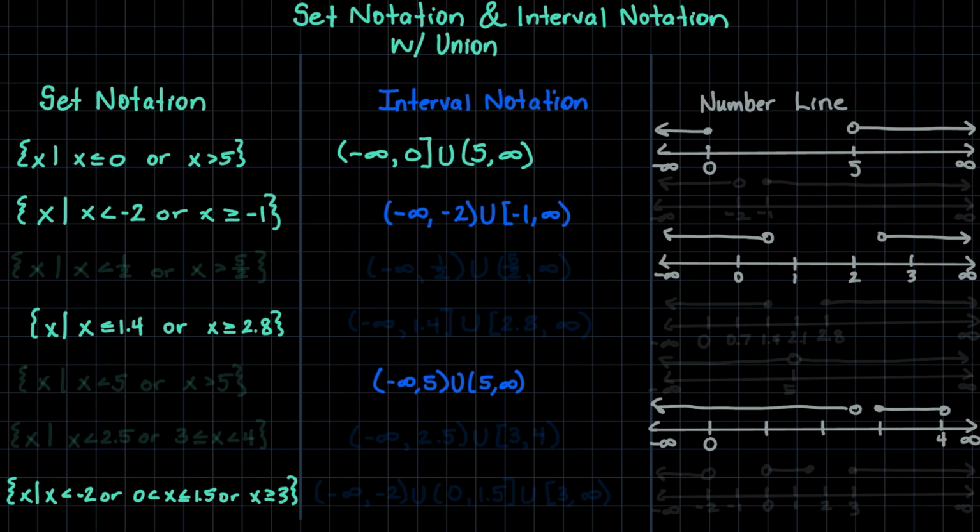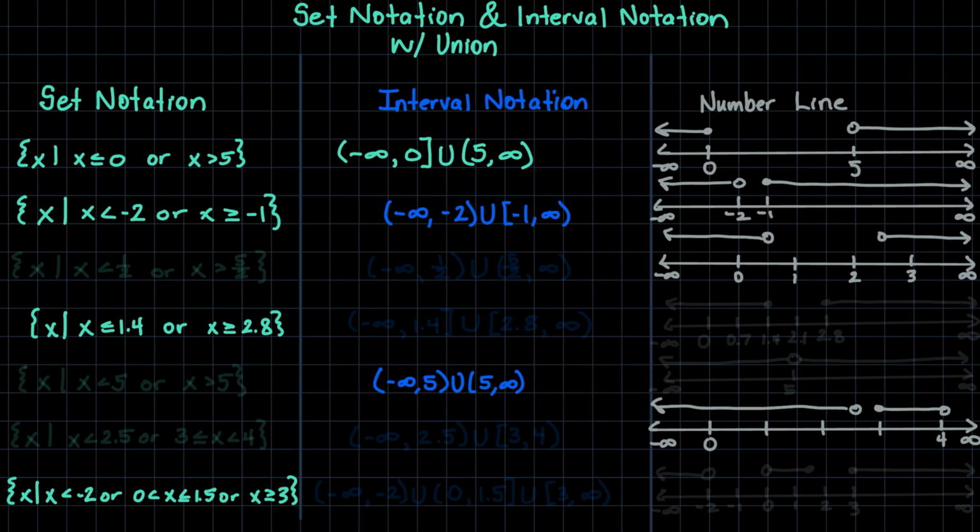On our number line, negative infinity, infinity, negative 2, negative 1. Strictly less than negative 2 means negative 2 is not included. Bigger than negative 1, but negative 1 is included.